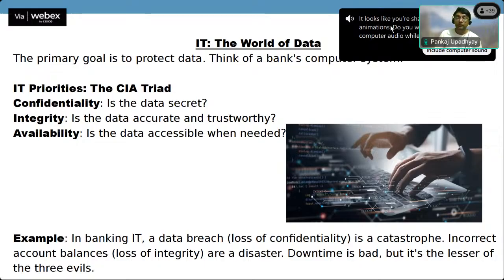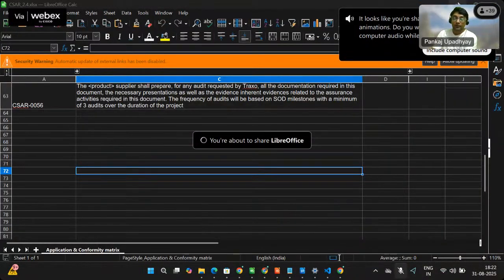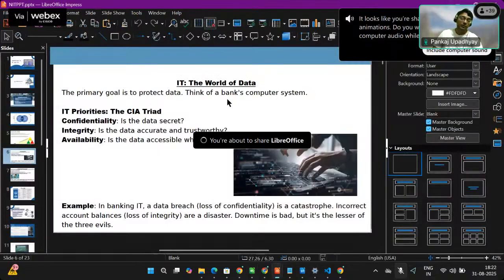Clear? Lakshmikant, is it clear? Yeah. Okay. So when we say... Sushant, slideshow.